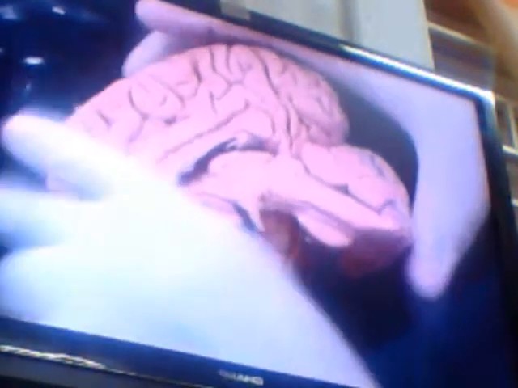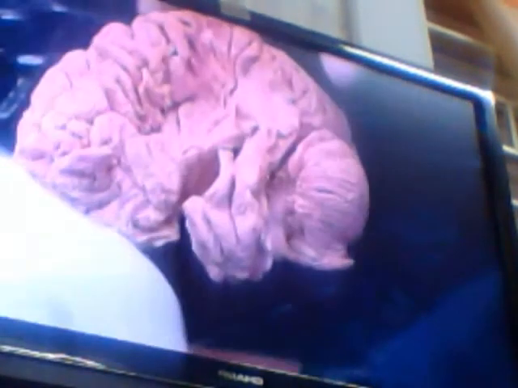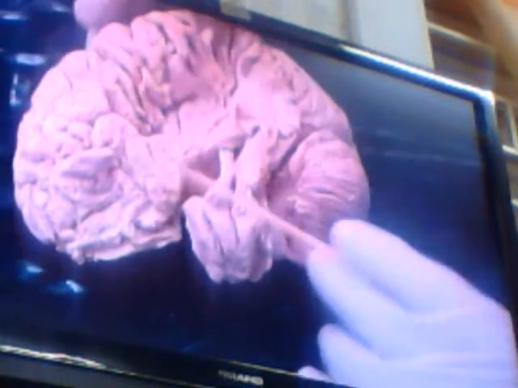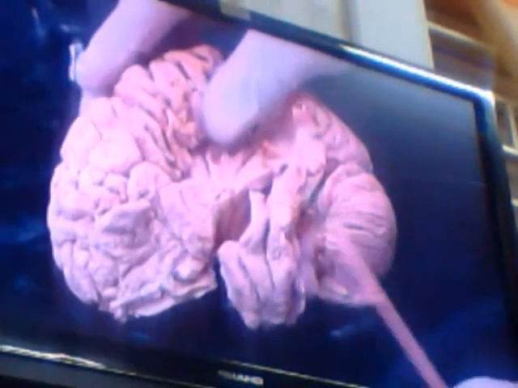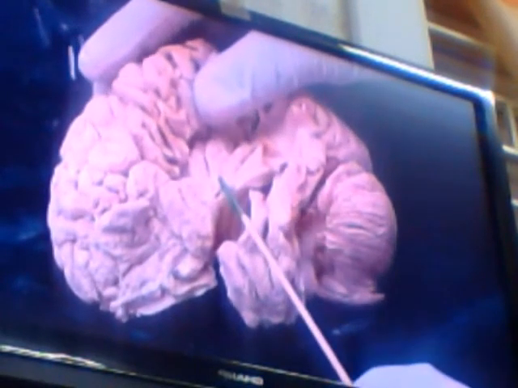But so we have that, and over on the lateral side, if you look at this specimen, a piece of it has been removed. And if you look underneath here, you see some convolutions, some sulci, and some gyri.